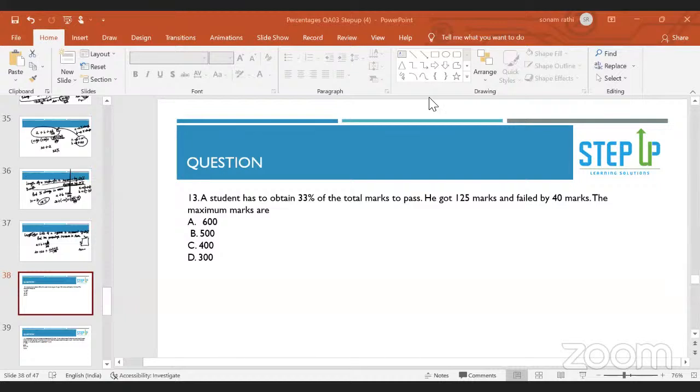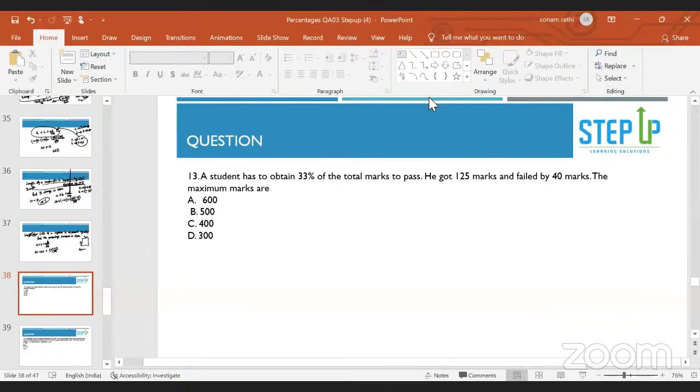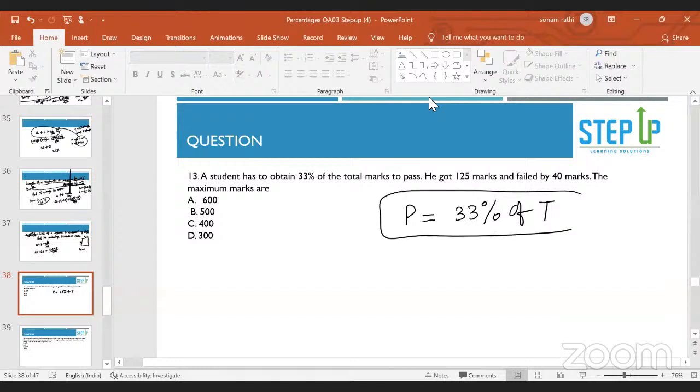Okay, a student has to obtain 33 marks of the total as passing marks. So from here I can say that the passing mark is 33% of total marks. Correct? This is my first equation. He got 125 marks and failed by 40 marks.